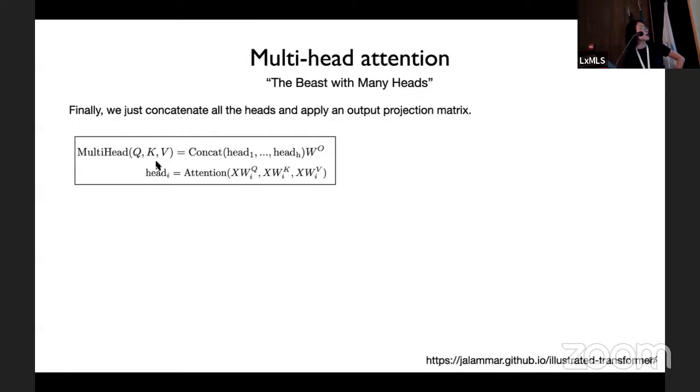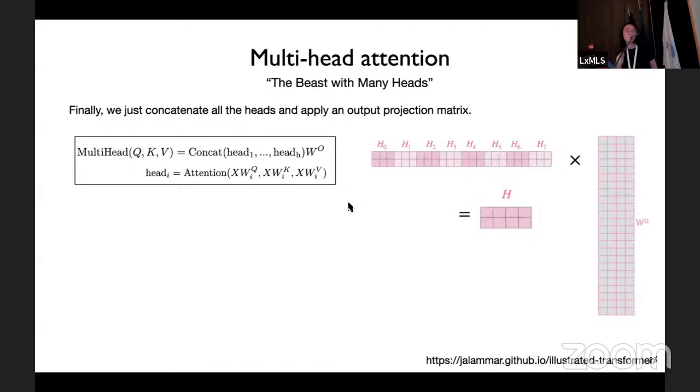You get the head i, the output vector for this single head, and then you concatenate all these output vectors from the different heads, and then you multiply by this weight matrix WO. So here is one illustration. If you get the 8 output vectors, and then you multiply by this projection matrix, also called the output matrix WO, you can finally get one single output vector H for every single position after the multi-head self-attention layer.